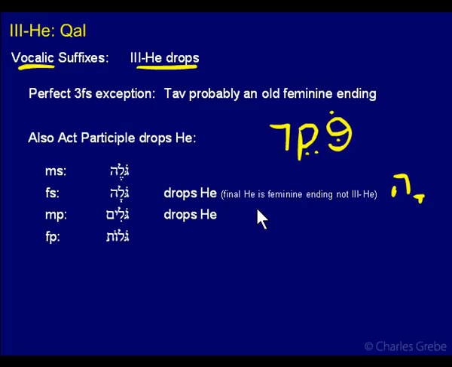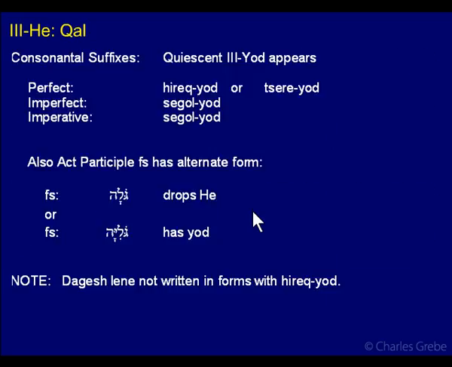There's also an alternative form for this, and it is a form that has the yud. So the yud shows up, and then you add the kametz he. So you have golia. Now, I don't know why there's a dagesh forte in there, but there is. So anyway, that's really a minor point, perhaps.